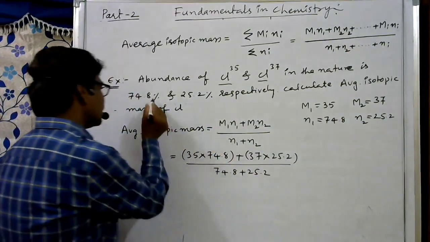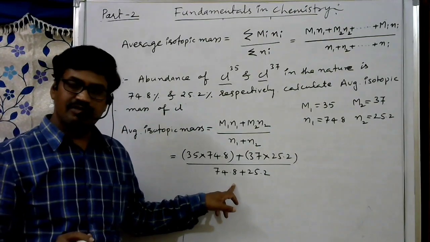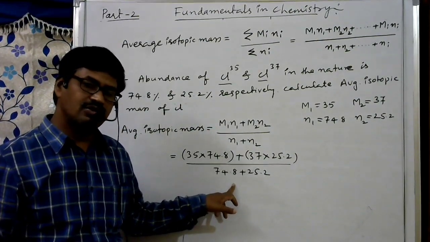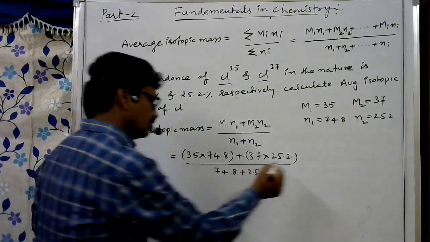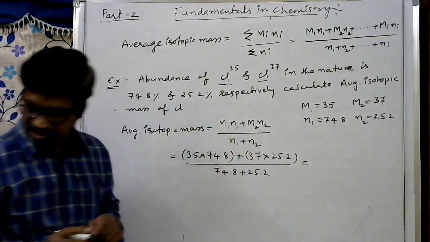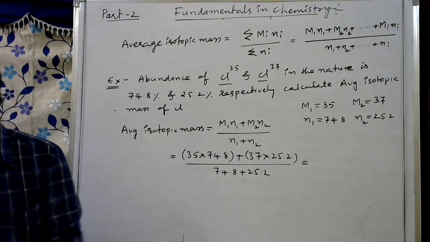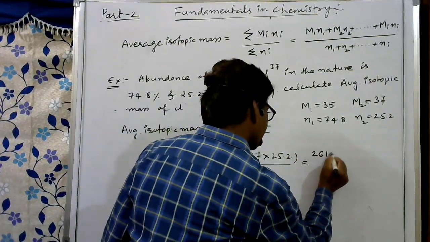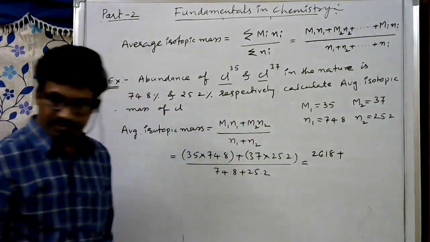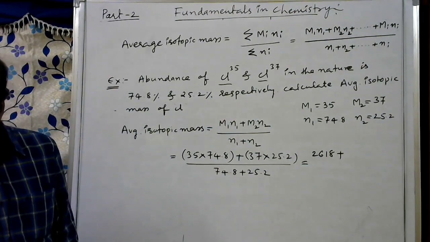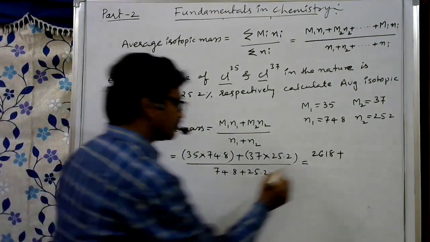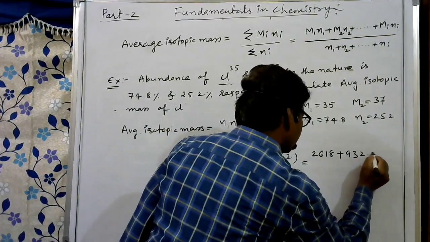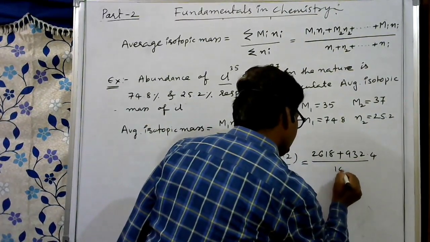If it is a percentage, this denominator n1 plus n2 is always 100. If you multiply this, we got 2618 here, plus 37 into 25.2, I got here 932.4, divided by 100.